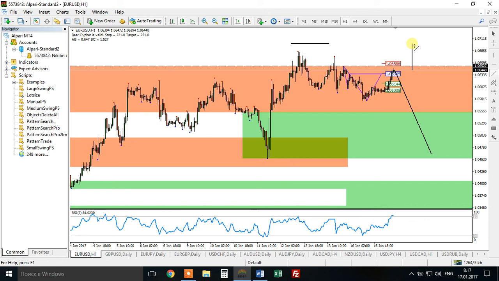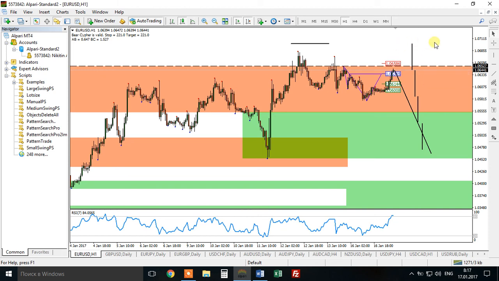This will be your risk, something like that. And let's measure the reward. 1, 2, 3. Almost 3 to 1 reward to risk ratio.